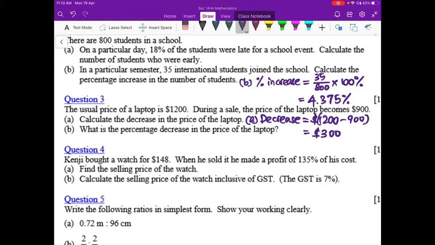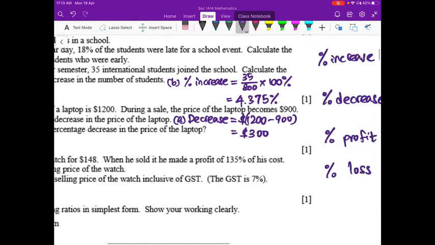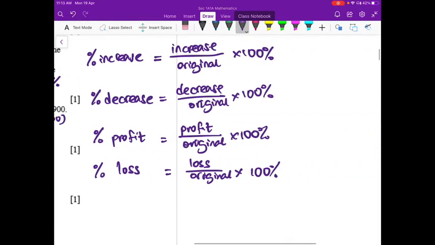Okay, next part B. What is the percentage decrease? Wait, I need to check this again.